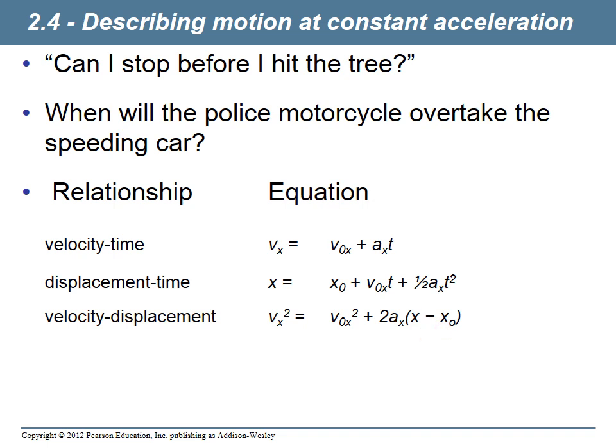X minus x naught is just delta x, or how far it traveled. So this relates the final velocity, or some velocity in x at some given time, and that squared is equal to our starting velocity squared plus 2 times the acceleration times the distance it traveled.